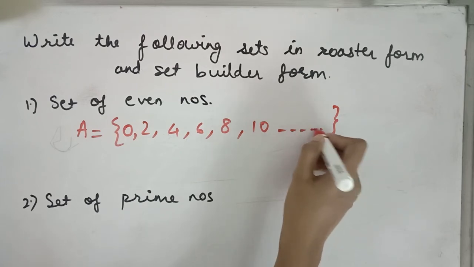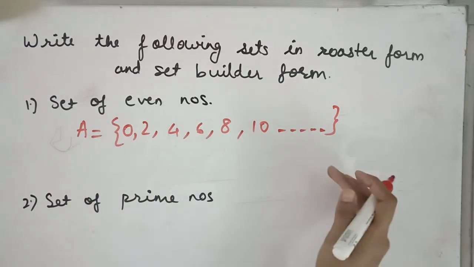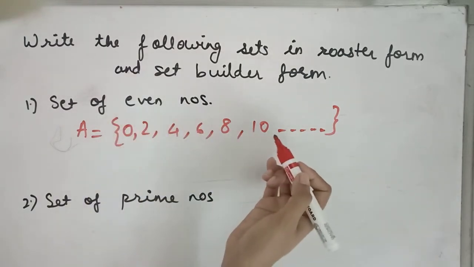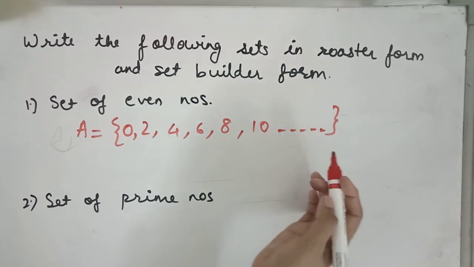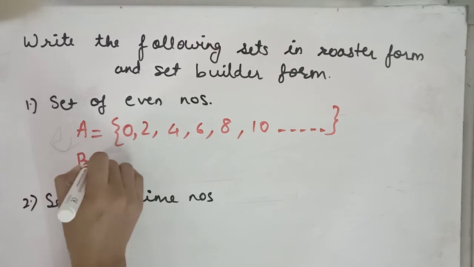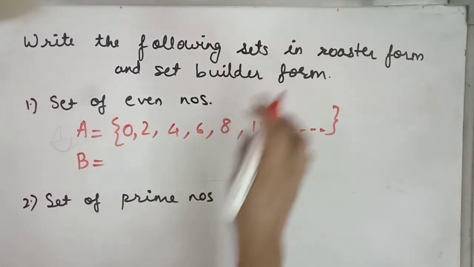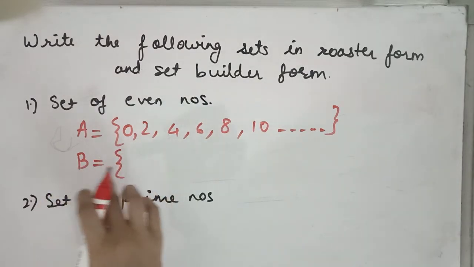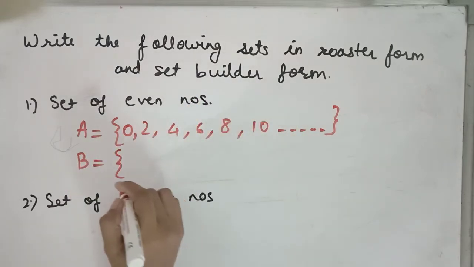This is an infinite set. We will see what is infinite, but for the set of even numbers we are not given any limit, so we have to put dots. Next we will represent the set of even numbers in set builder form.